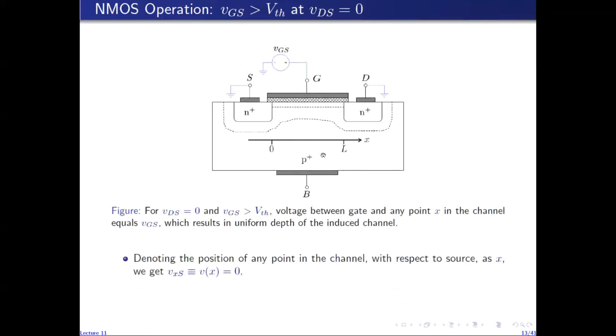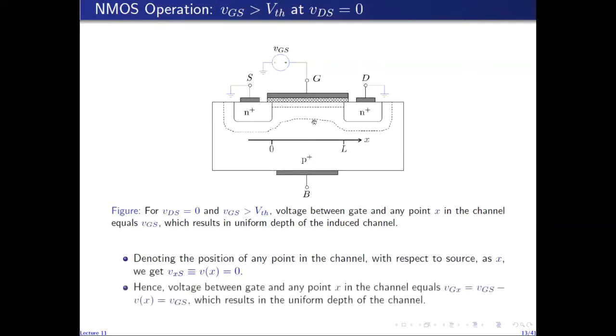Like I said, we denote the position of any point in the channel with x with respect to the source. So the voltage at that point x with respect to the source, given by V subscript xs, is equivalently written as V of x. And this voltage is 0, which means that the voltage between gate and any point in the channel represented by x is equal to VGS.